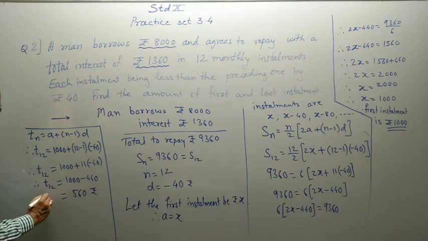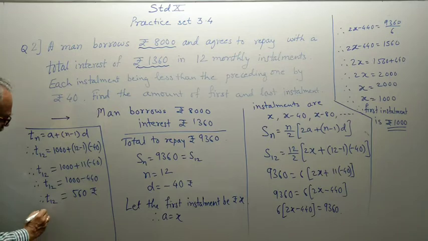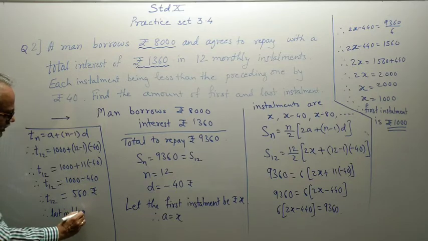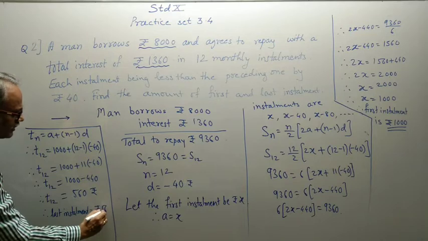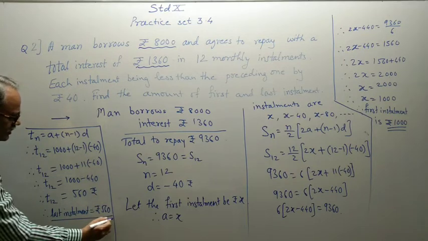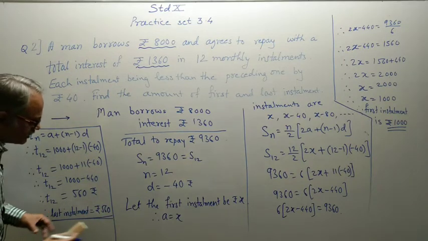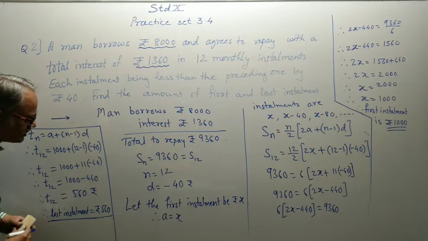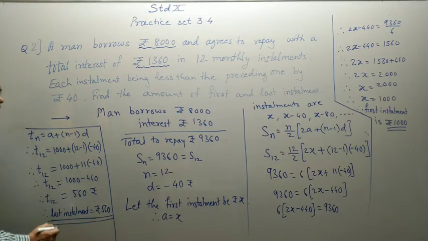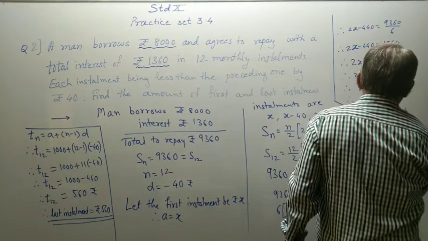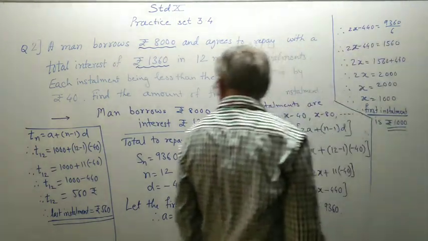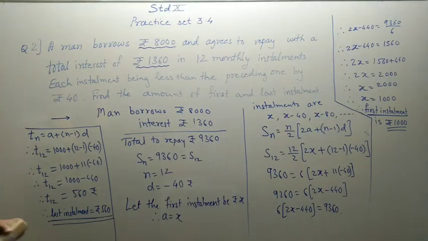Therefore, last installment, 12th installment, because he is paying 12 installments total, equal to rupees 560. These are the two main answers. Last part is done on this side. Neatly pay attention. First installment is rupees 1000. Last installment is rupees 560.